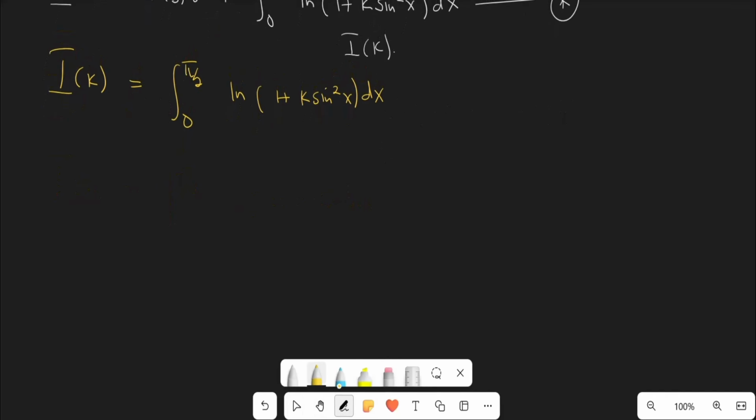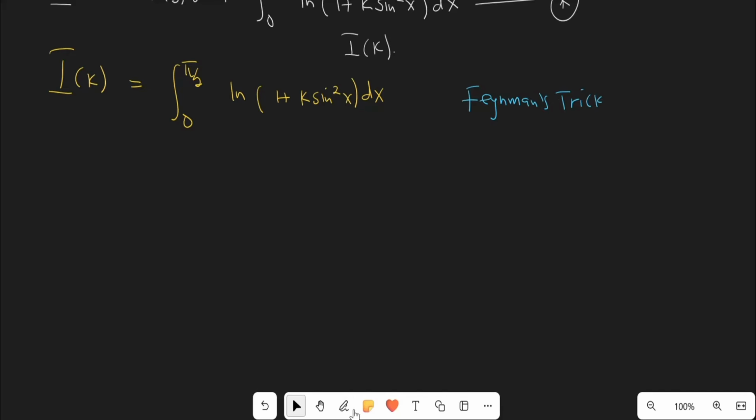We are going to solve this one using what we call Feynman's technique or trick. That is the differentiation under the integral sign. So to integrate this, I have to differentiate the left hand side with respect to the parameter, which is k here, and I'll do the same thing to the right hand side.